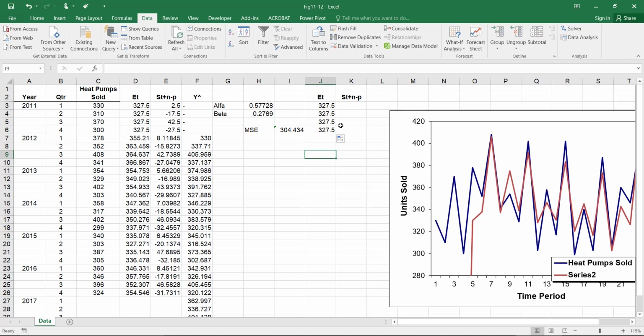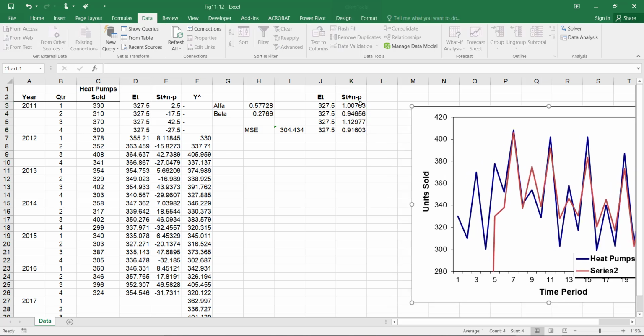And the seasonal effect is yi, the real observation over the ET. And again, we don't have a forecast for this one, so we don't have any observation.